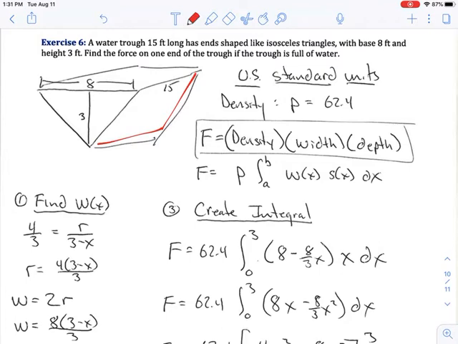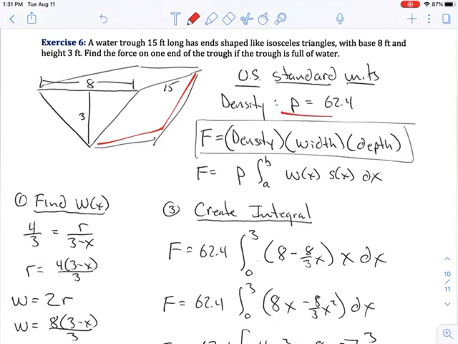Again, the first thing you always want to do is create a little bit of a sketch. The next thing I want to do, just like I talked about in the last set of video notes, is ask: are you in US standard or are you in metric? We are in US standard because we're talking about feet.